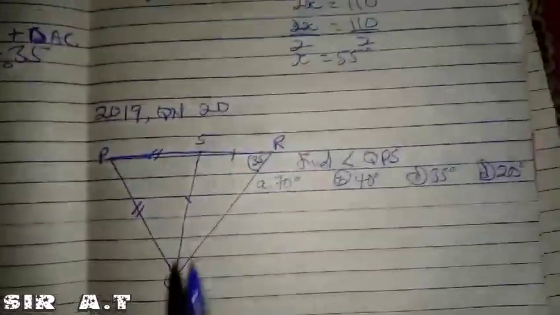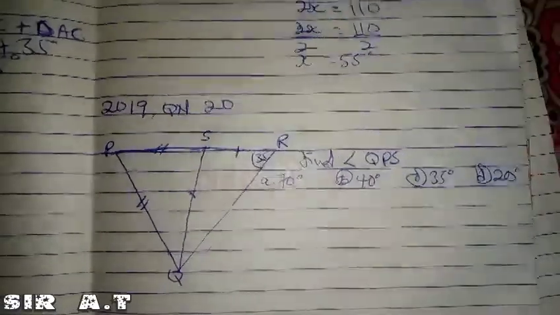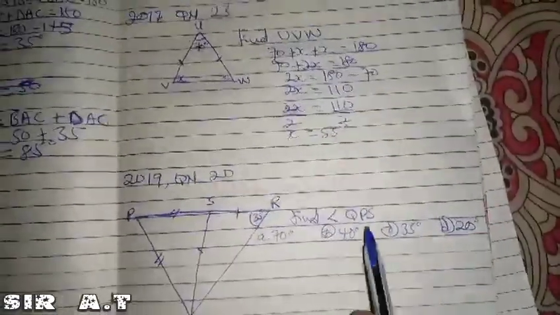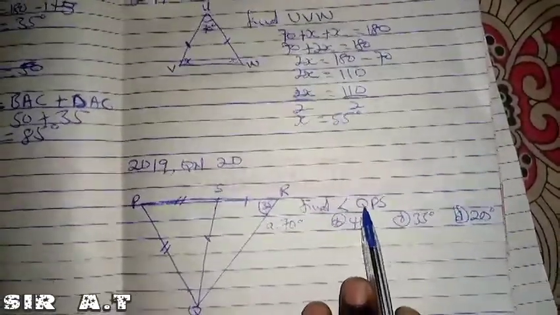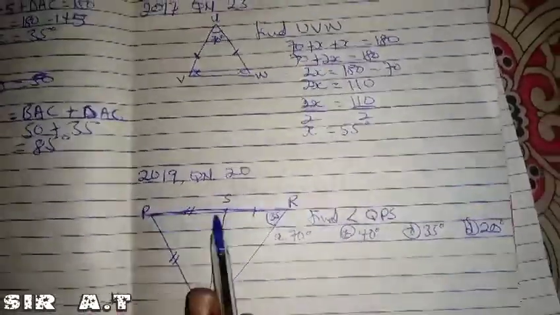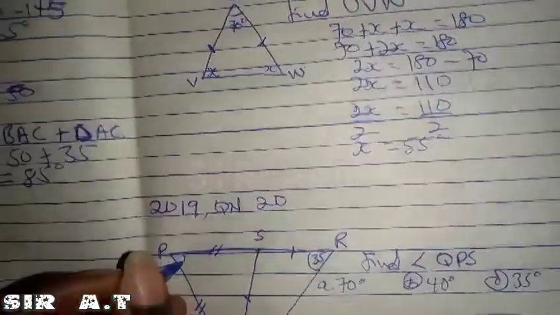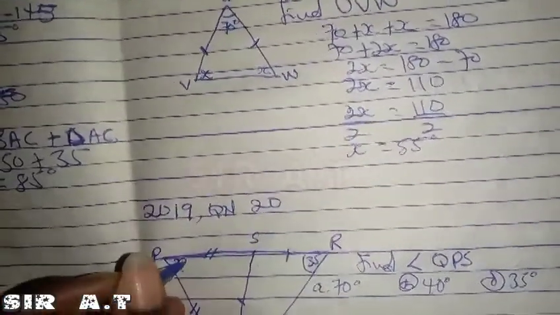Let's move on to 2019. So how are we going to find the value for QPS? So this is our Q, this is our P, this is our S. So we are looking for this angle. How then do we look for it?